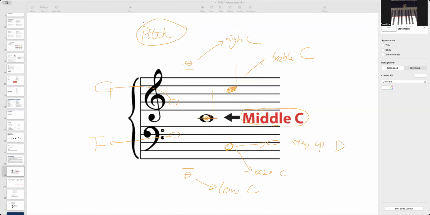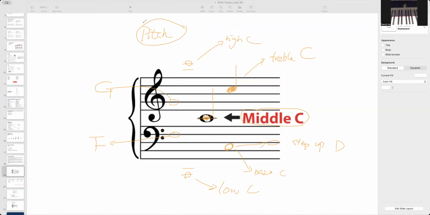So the interval of the steps is what we call a second.